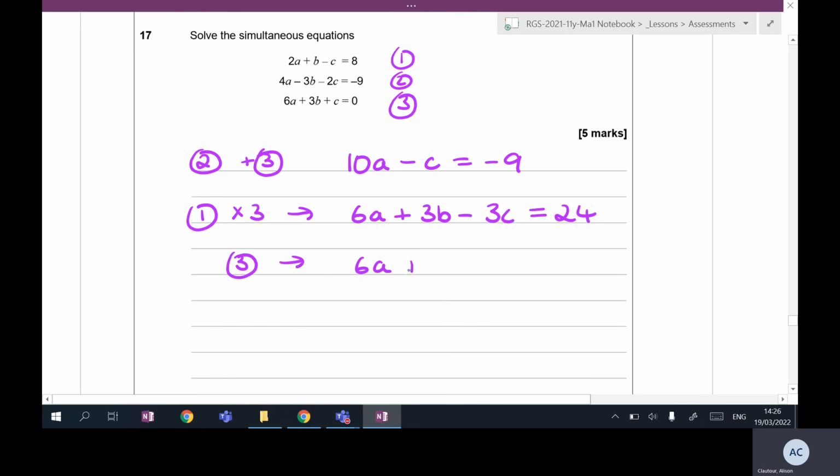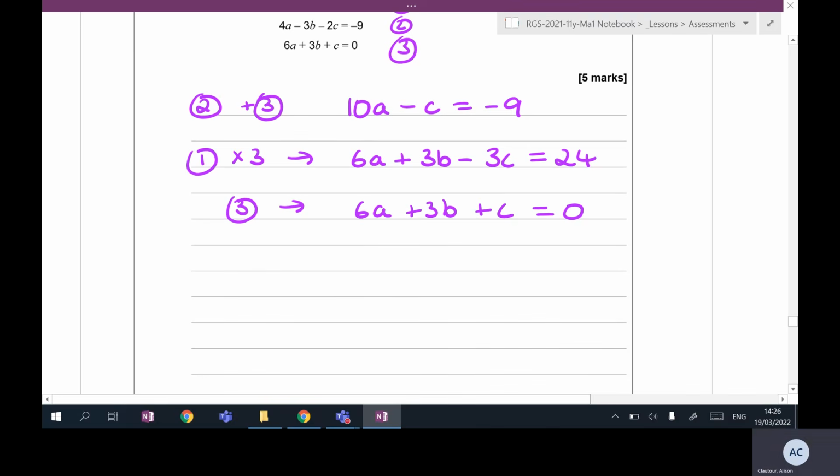So 6A plus 3B plus C equals 0. If I subtract those from each other, I'm going to eliminate A and B. So 6A take away 6A is gone, 3B take away 3B is gone, minus 3C minus C is minus 4C, and 24 take away 0 is 24. So I've got C as negative 6.